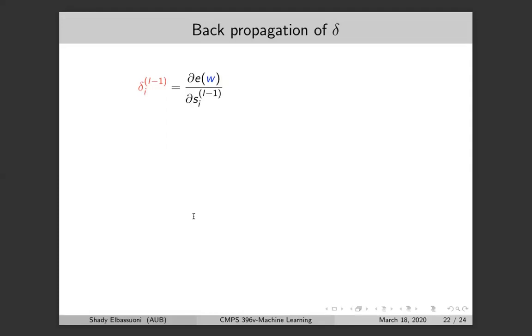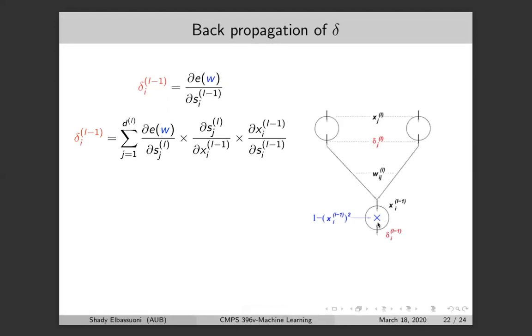Okay, so let's see the back propagation. I want to compute delta i of L minus 1 for any neuron. Remember, for any neuron in the network, there is a signal and there is a gradient. This delta i of L minus 1 is sometimes referred to as the error at this neuron, given that this is the signal Si of L minus 1.